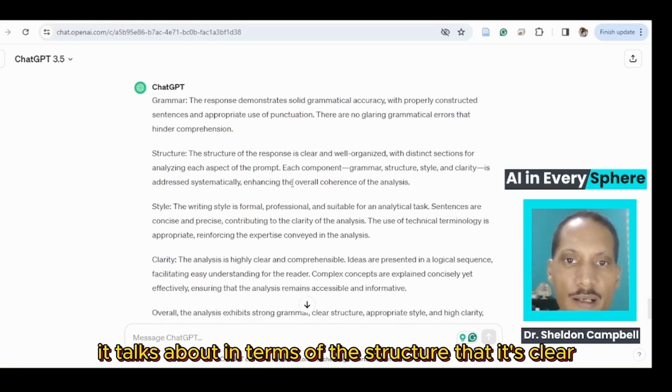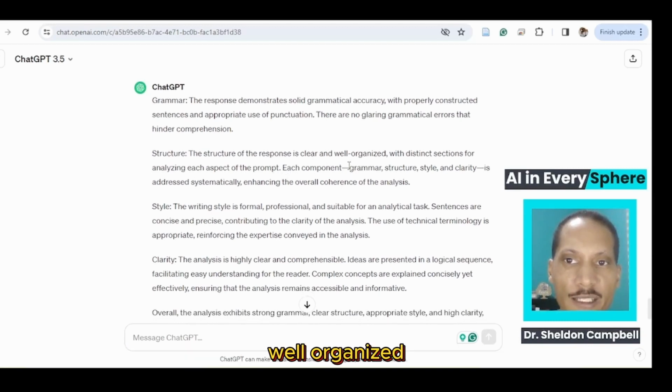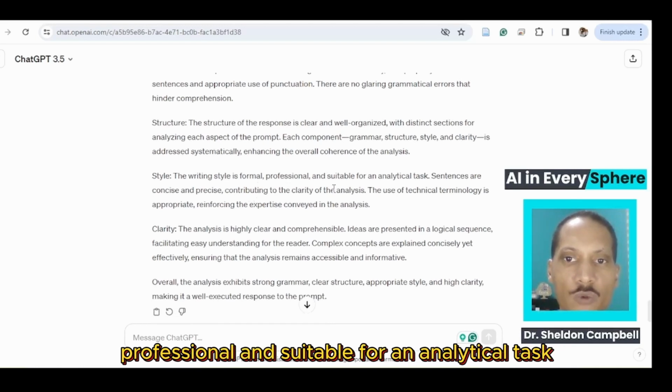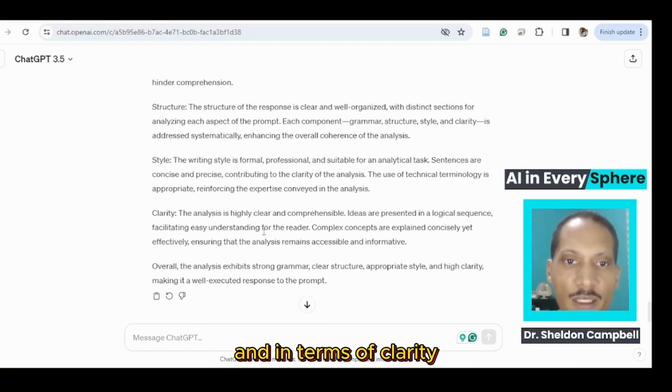And it talks about, in terms of the structure, that is clear, well organized, and in terms of the style, it talks about it is formal, professional, and suitable for an analytical task. And in terms of clarity, it's saying it's clear and comprehensible.